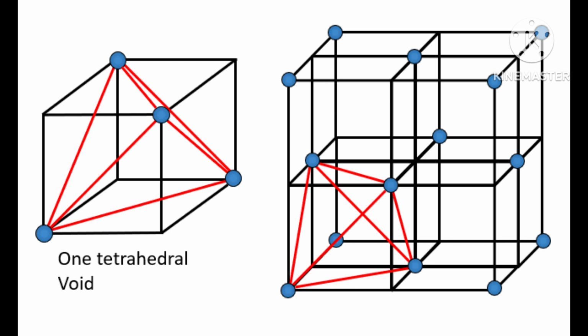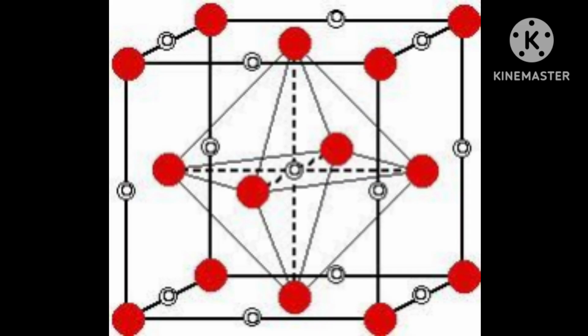That's why 4 into 2, 8. Thus, the number of tetrahedral voids is twice the number of atoms. This is the important thing. Twice the number of atoms: if 4 is considered, then the total is 8.